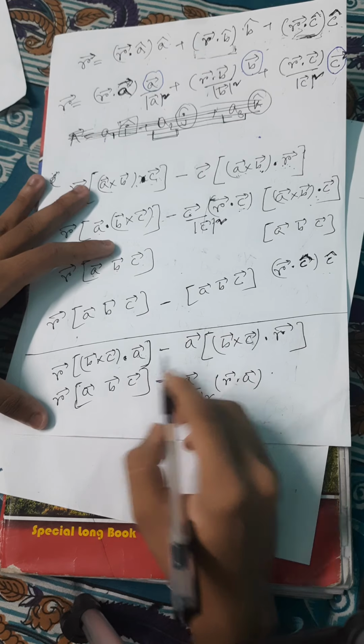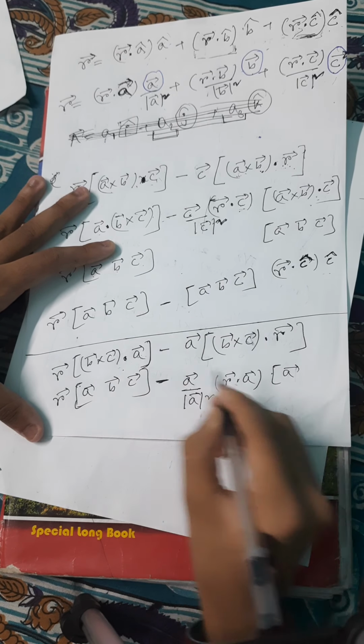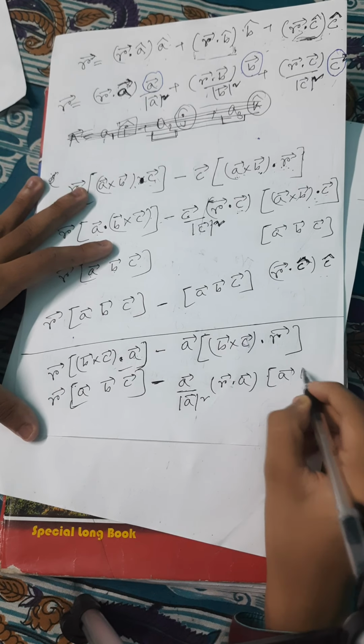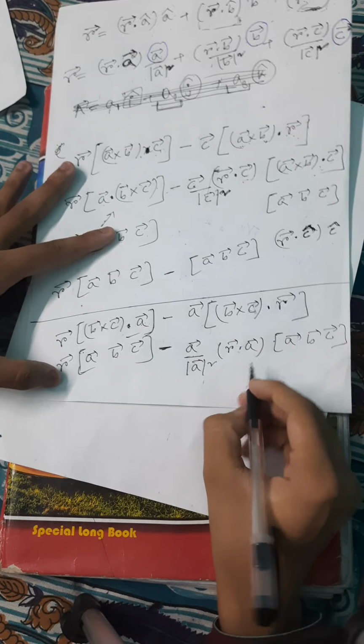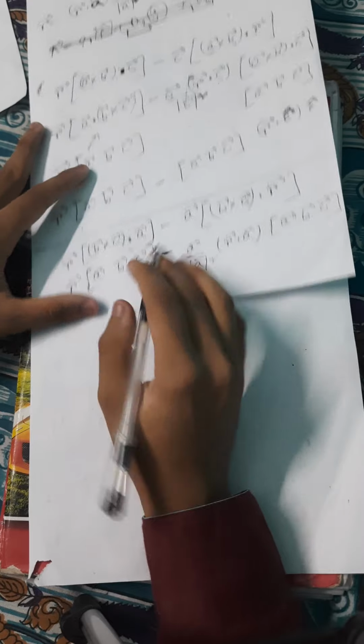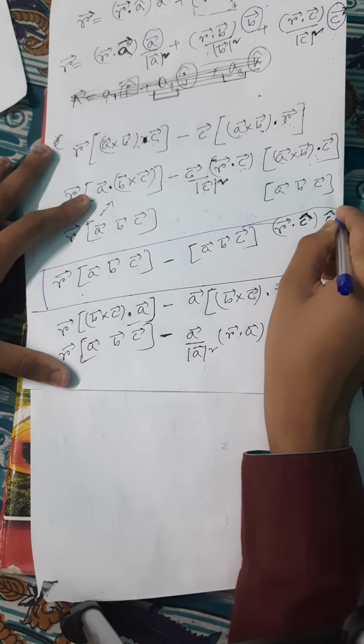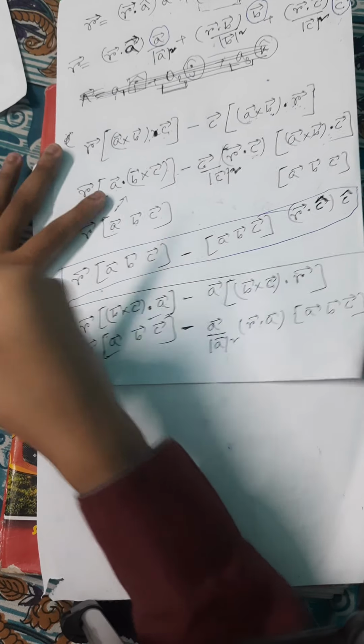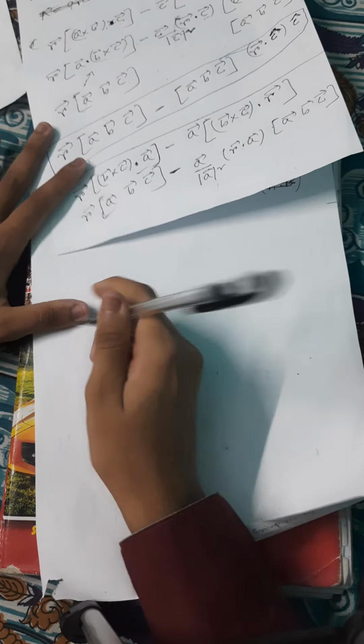B cross c dot a means similarly a, this term, so abc. Okay, and this similarly the same as this, remember this, we will use this further, and we will also use this.